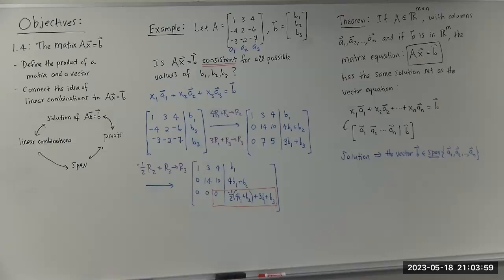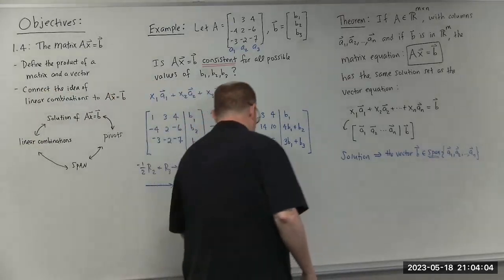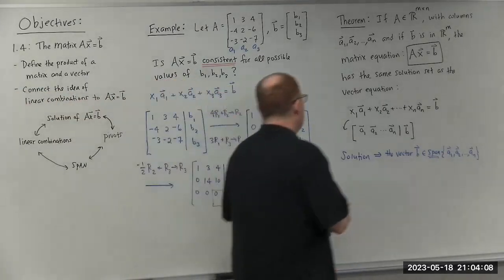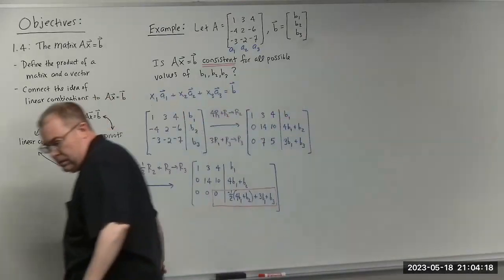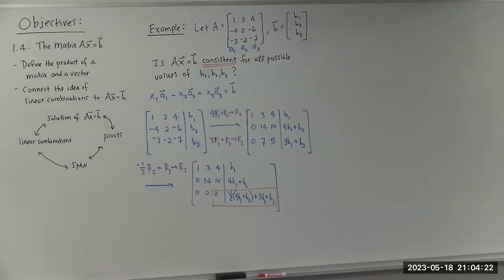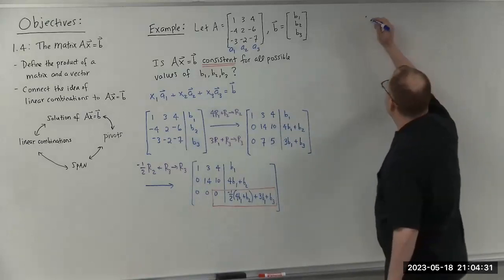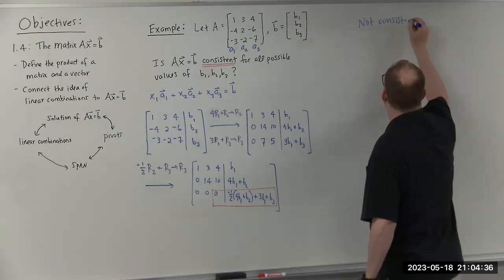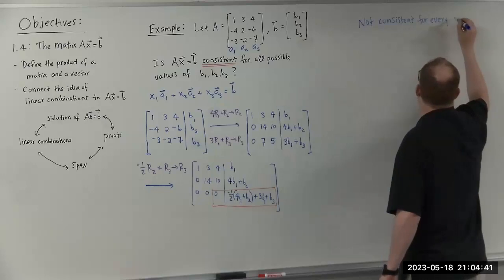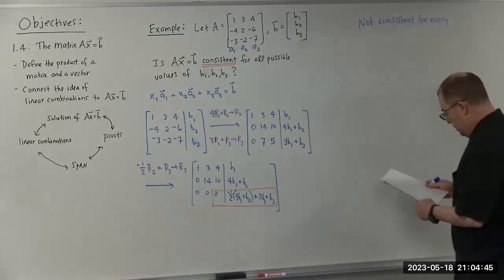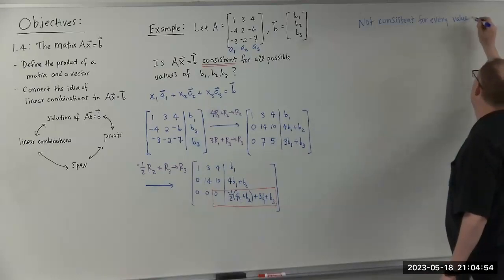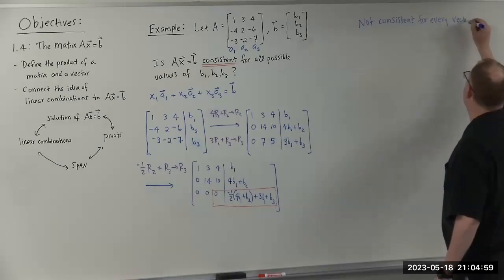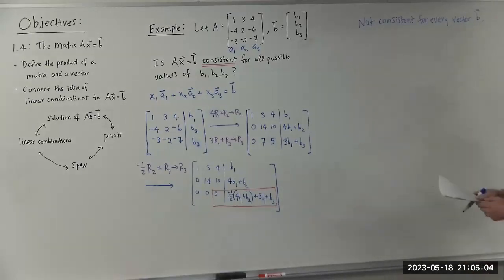So let's summarize that here. First thing we notice, this is not consistent for every value of the vector B. More specifically, not consistent for every vector B. And I mentioned that in the beginning.